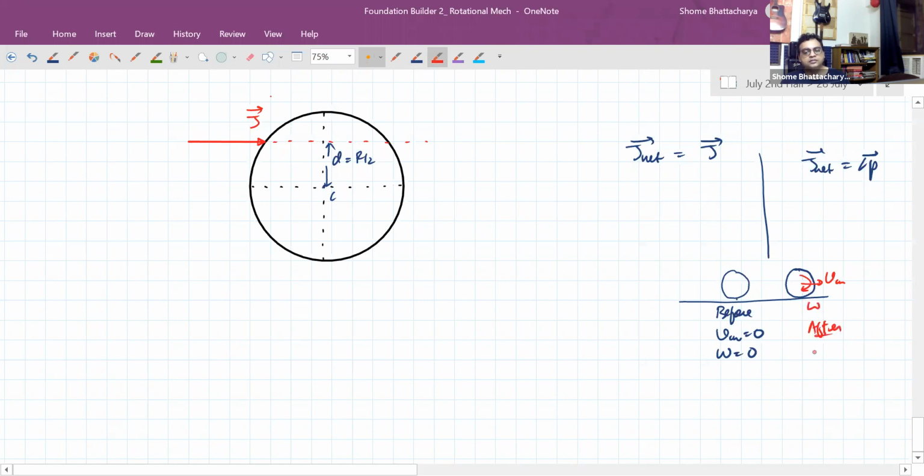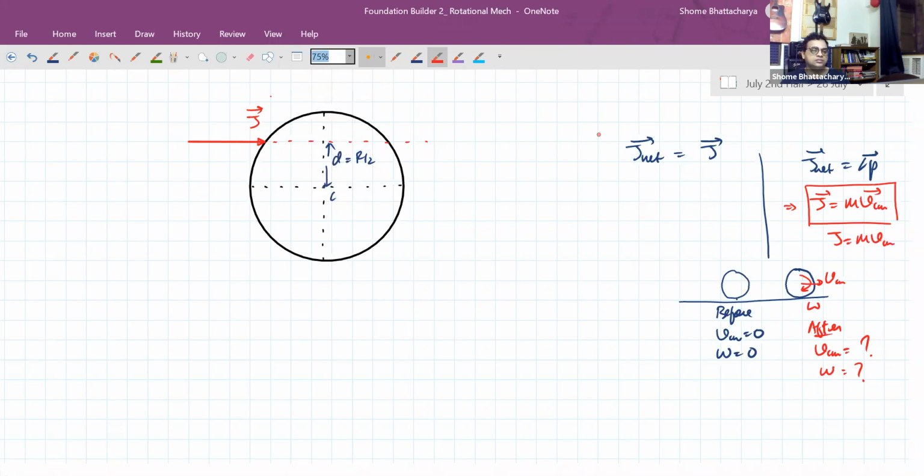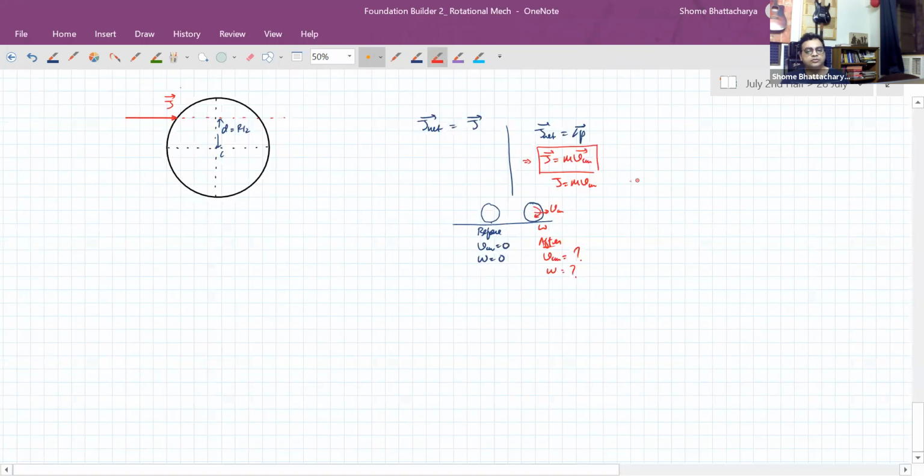So VCM is some value which we want to calculate, and omega is some non-zero value. So when we apply this equation, J becomes MVCM. This equation will tell us the linear velocity of the center of mass.